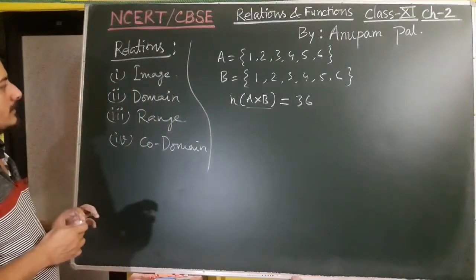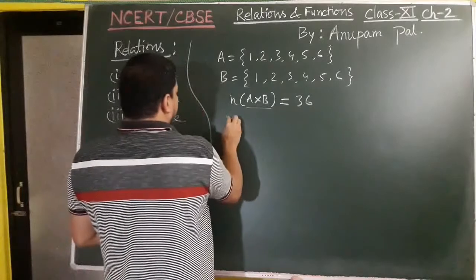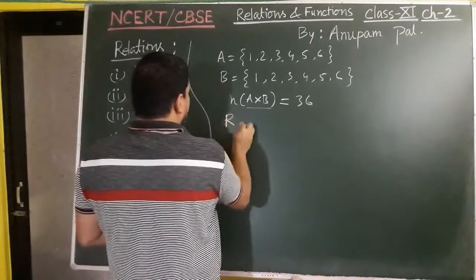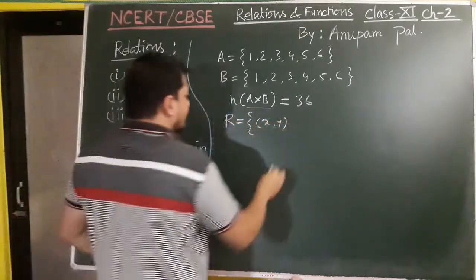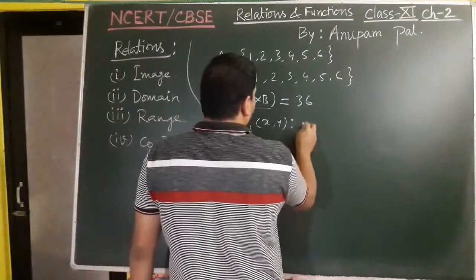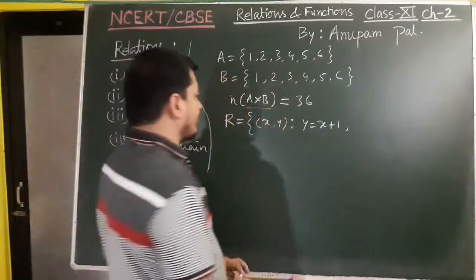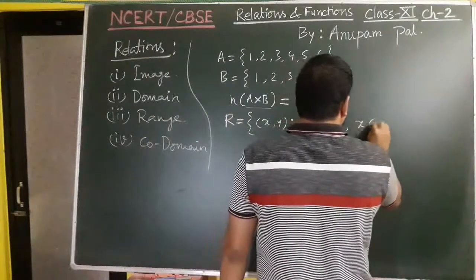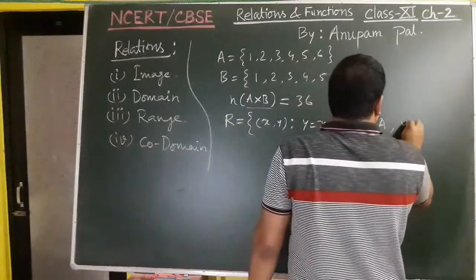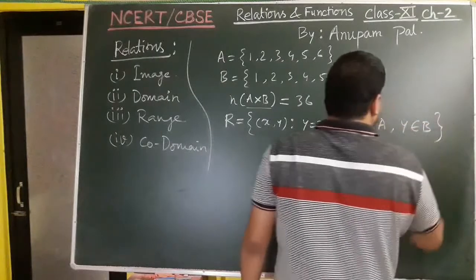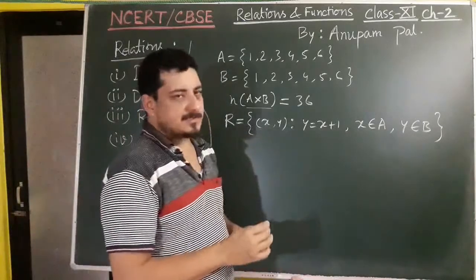Now suppose I write some relation of xy such that y is equal to x plus 1, where x is a member of set A and y is a member of set B. You have to write all the possible relations.